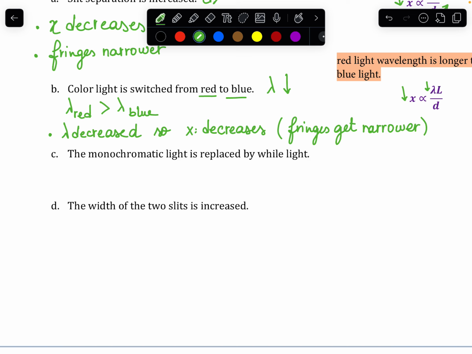Later, the monochromatic light is replaced by white light.